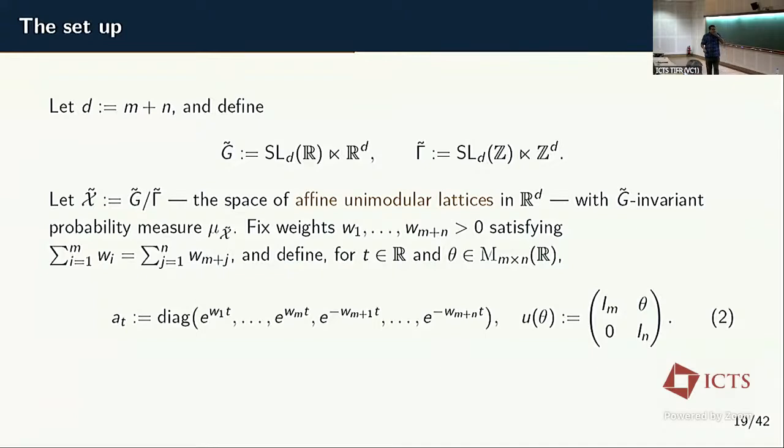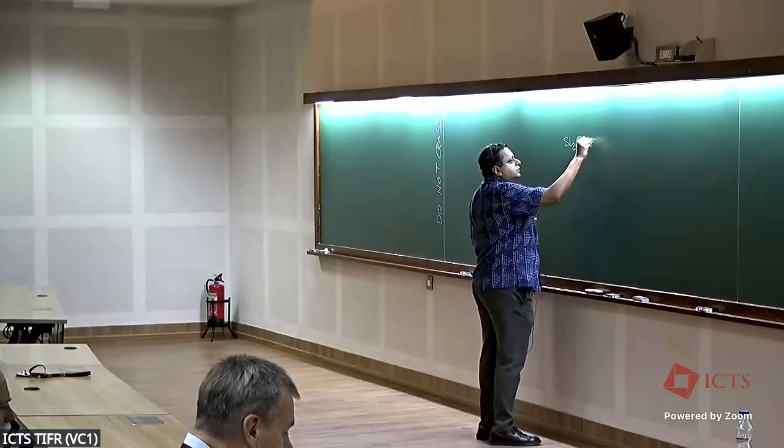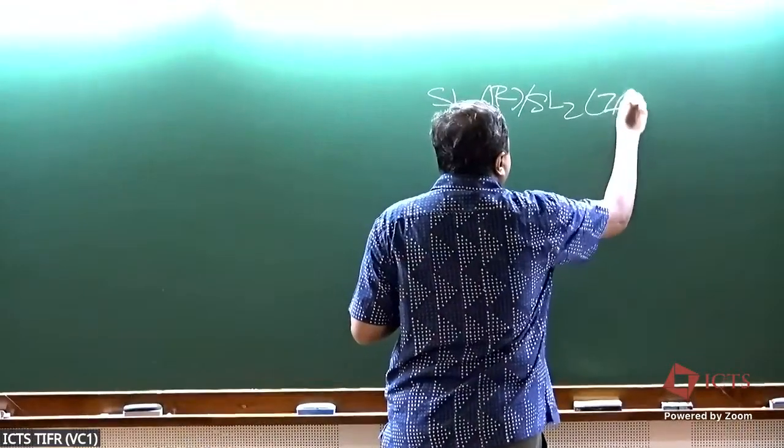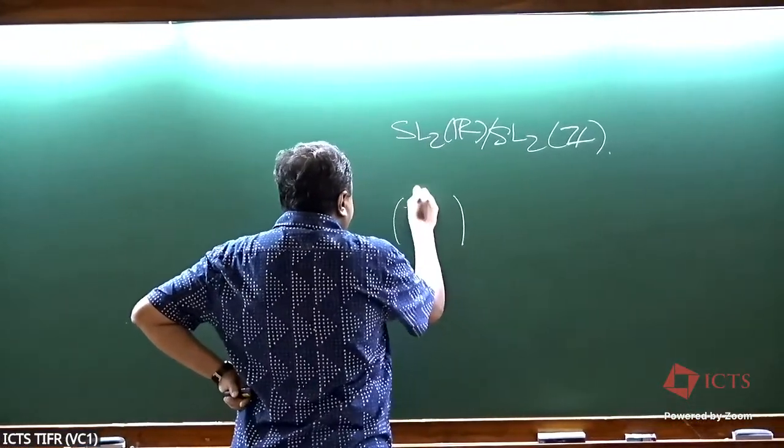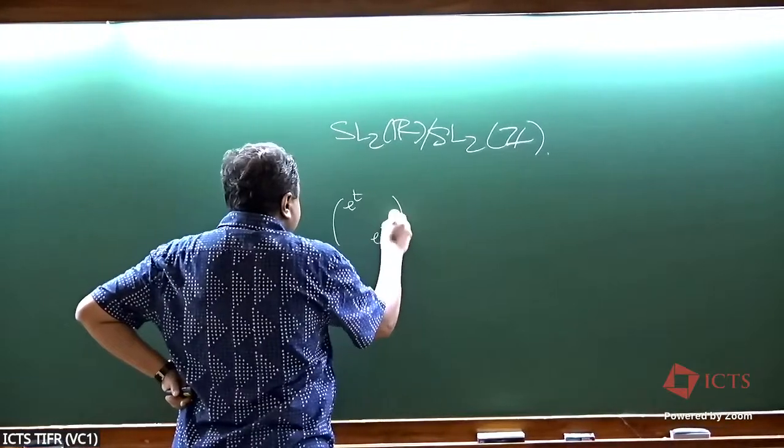Okay? So let me take a step back and go back to the modular surface, right? If I go back to the modular surface, then my quotient is SL_2(R) factor SL_2(Z). And I have two subgroups. One is the diagonal subgroup e^t, e^-t.